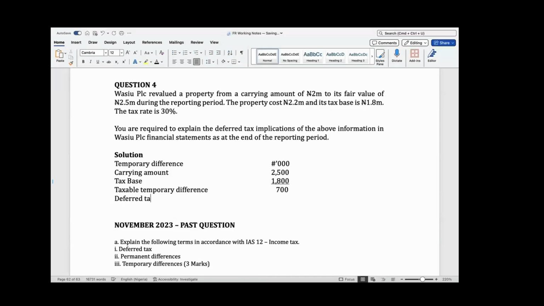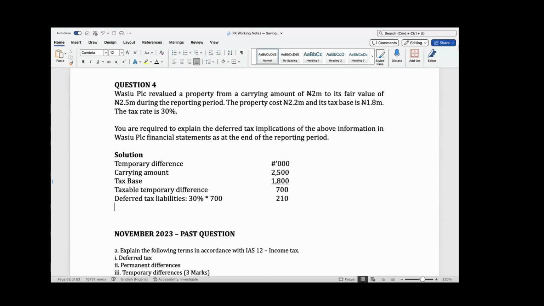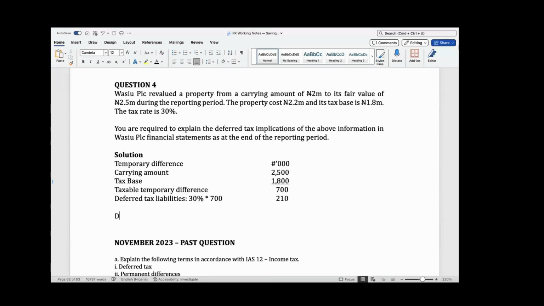I will have a deferred tax liability of, what's the tax rate? 30%. So 30% times 700,000. And that will be around how much? That's 210. That's 210.